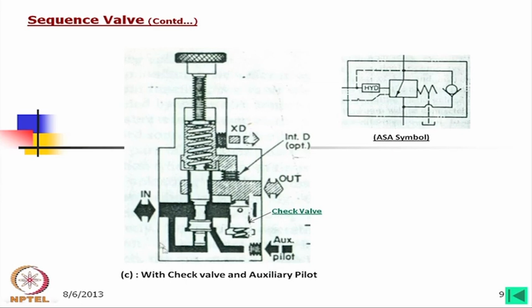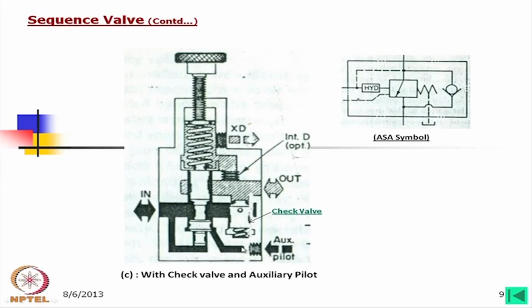But definitely to make this valve will be expensive, and as you see there is an external pilot. Of course, it was there in the earlier one also. Now, if we would like to operate from the outside, we can operate this. Remember, in that case we are forcefully moving this spool.